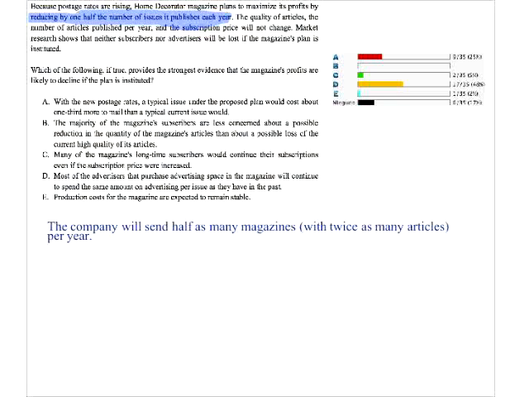So, the quality of articles, the number of articles published per year, and so on will not change. And they will have the same subscribers, and they will have the same advertisers. So they figure that the postage will cost less.